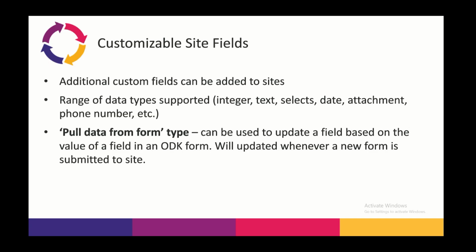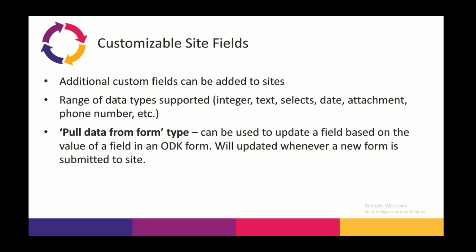That might be organizations that work in sites. And could be a date. The date could be the date the MOU with the government was signed, for example, for establishing this site. You could have attachments. You could have the contracts, for example, related to that site also within it. You could have phone numbers, etc.